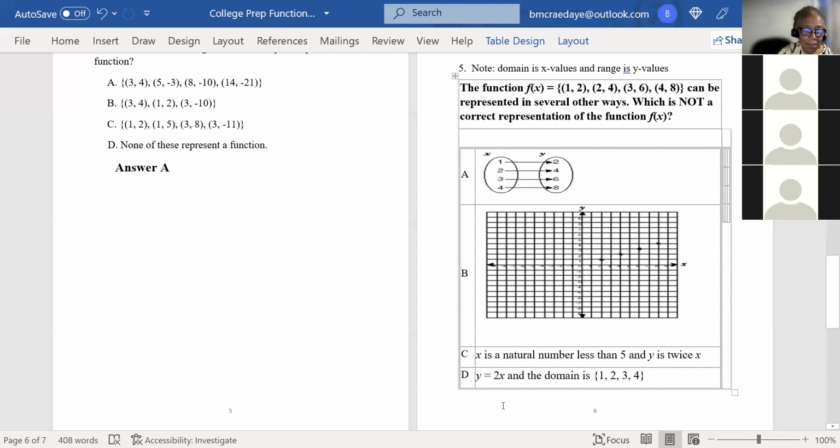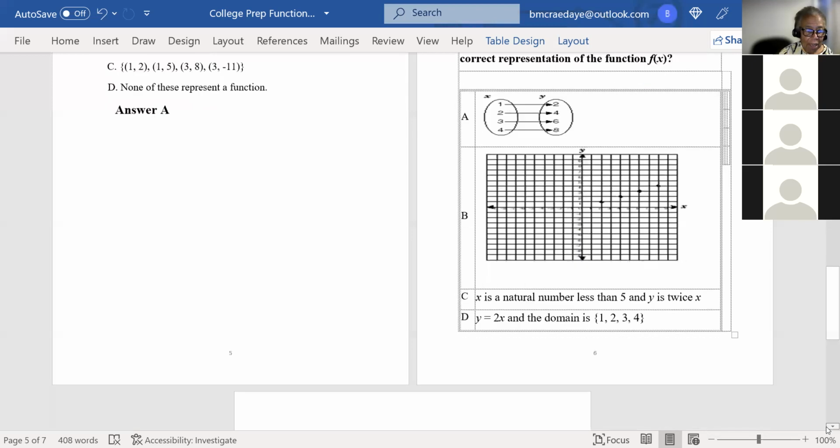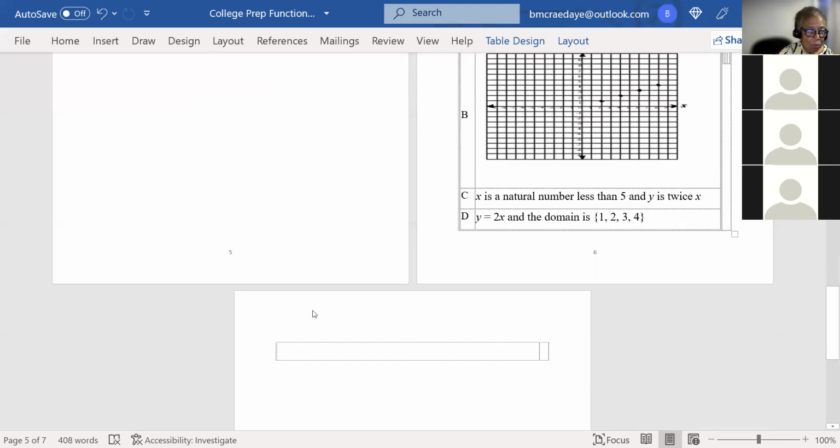So the correct answer would be B. Any questions on number 5? So the answer for 5 would be B, the graph is the one that does not represent.